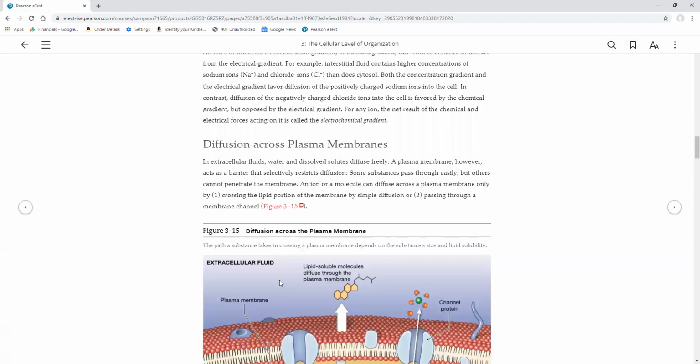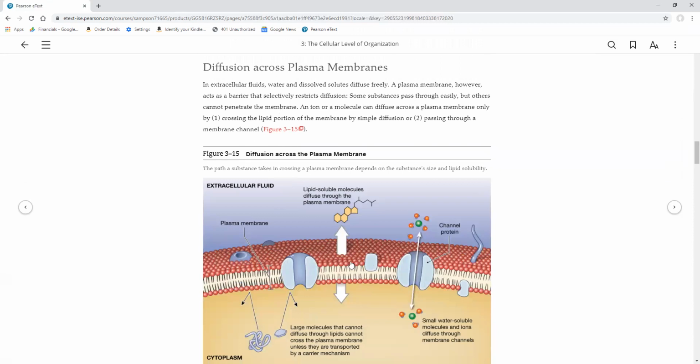So, diffusion across the plasma membrane. What are we saying the plasma membrane is? It's a phospholipid bilayer with protein channels in there, extracellular fluid, and intracellular fluid, or cytoplasm, with all the stuff inside of it. Large molecules can't leave or come in through the plasma membrane, but lipid-soluble molecules diffuse through it.